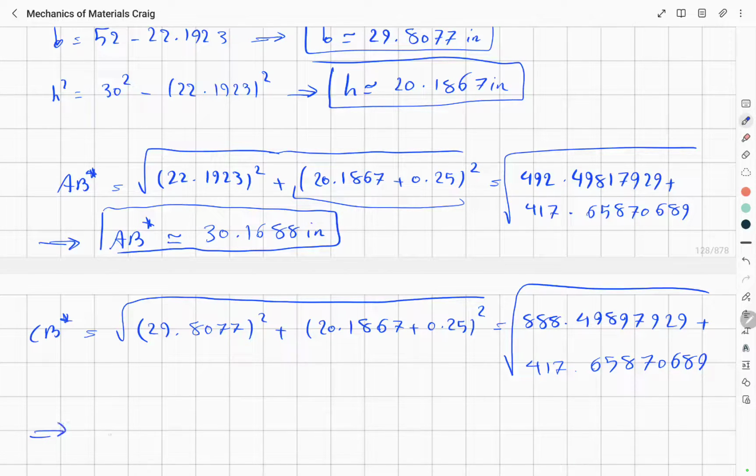This will give us a CB star approximately equal to 36.1408 inches.